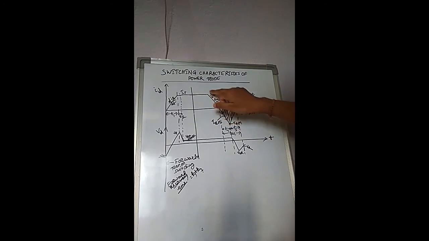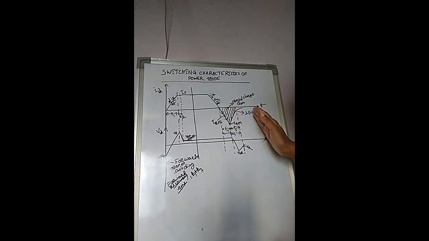This current is represented by IR, the reverse current, because even after we remove the supply voltage the diode is still conducting. At the point where the current reaches zero, the slope is still in the negative direction, and the current flowing through the diode is the reverse recovery current.